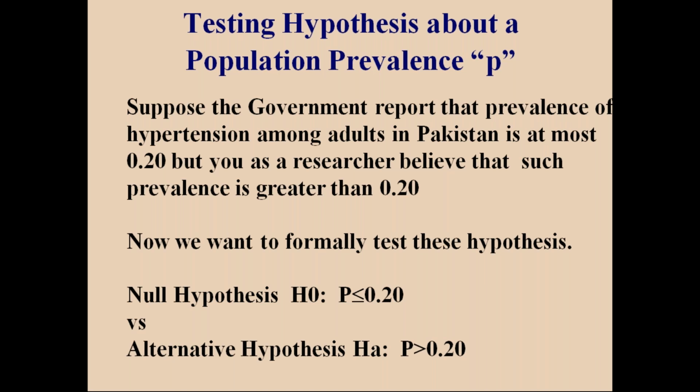Then the null hypothesis is that P is less than or equal to 0.20. The alternative hypothesis is P greater than 0.20. This is the testing of hypothesis about population prevalence P.